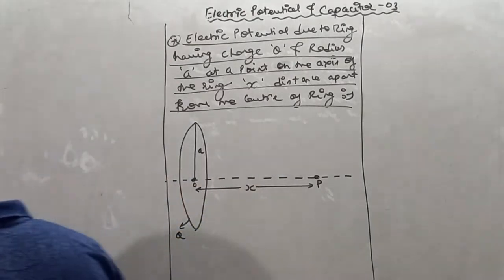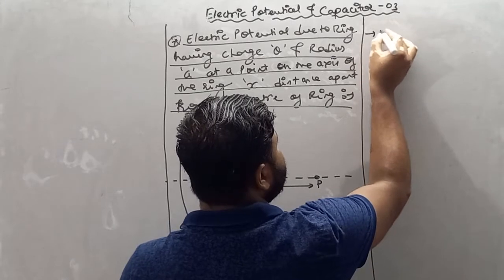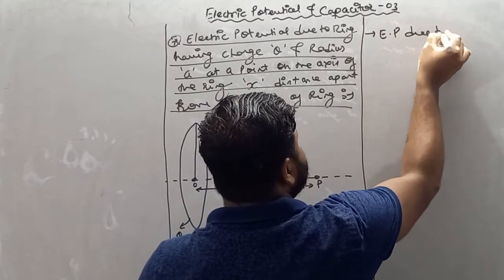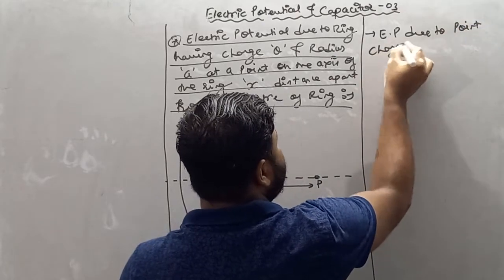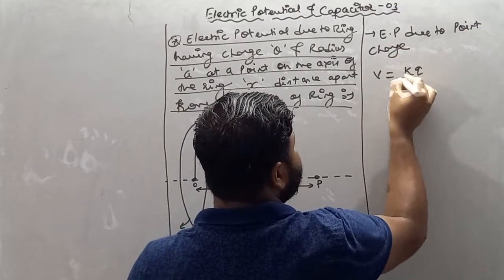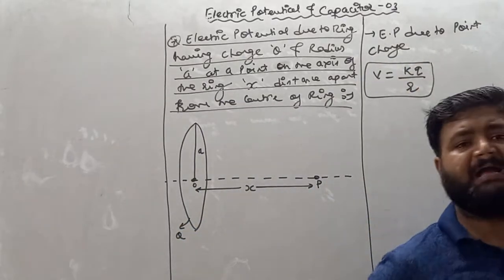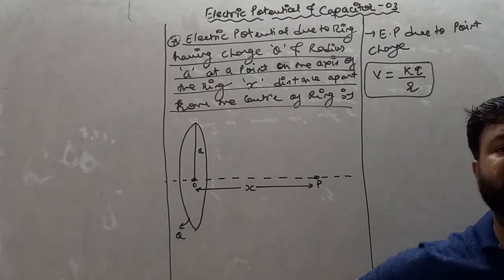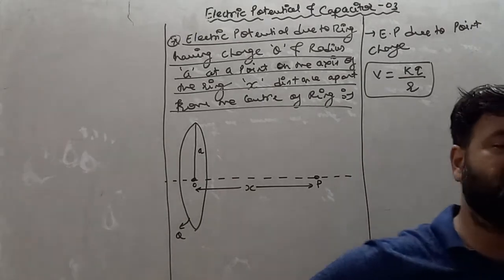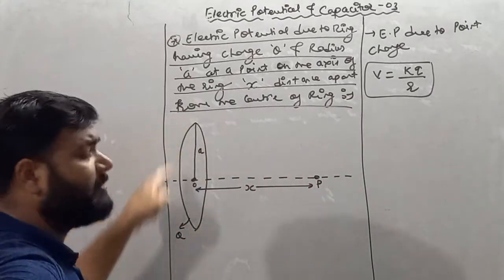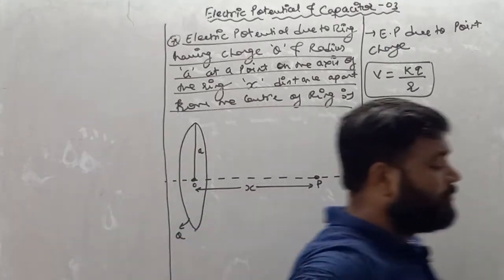And we only know about electric potential due to point charge, and the value of electric potential due to point charge at any point P is kq by r. But the charge is present on a ring, so the ring is not a point charge, it is considered to be a continuous charge.